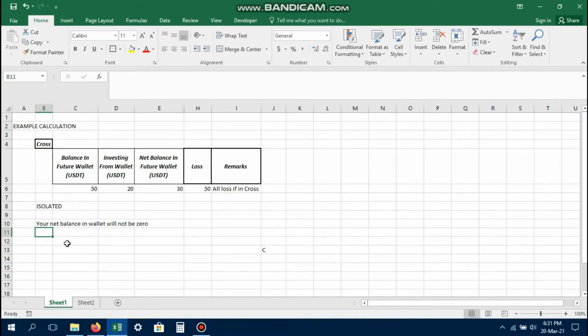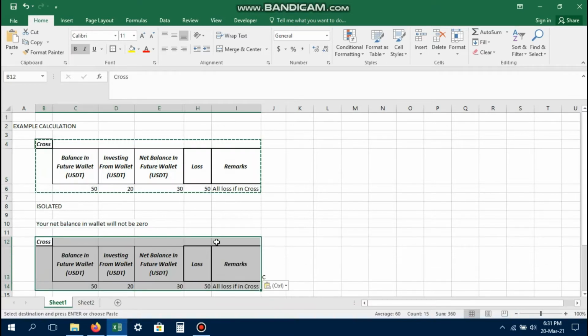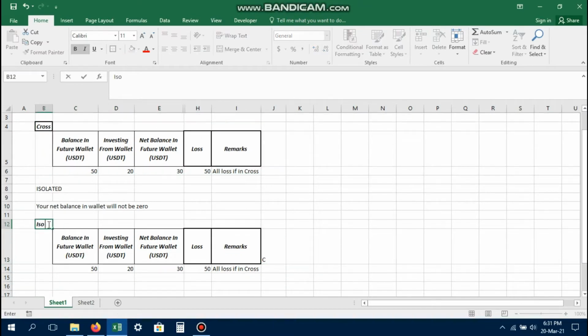For example, like this, if I copy it and paste it over here and write isolated: you have 50, you invested 20, you have 30, you get the loss, only the invested USDT will be vanished or zero.